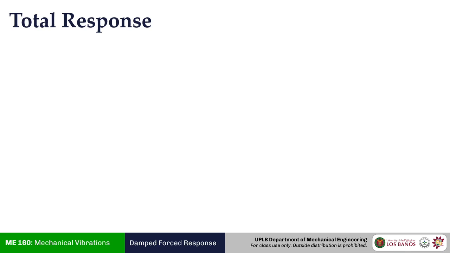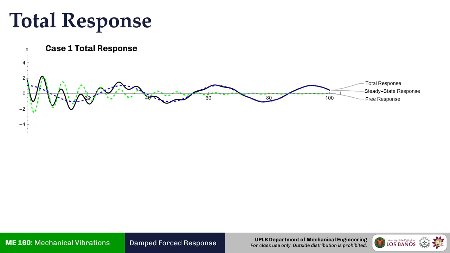So, just to give an example, ano itsura ng case 1, total response? So, tandaan natin, ang case 1 is frequency ratio 0 to less than 1. So, meron kang, yung steady state response mo is the larger wave, the gentler wave, I mean. So, yung system contribution mo, it kind of dies down eventually, giving way to your steady state response.